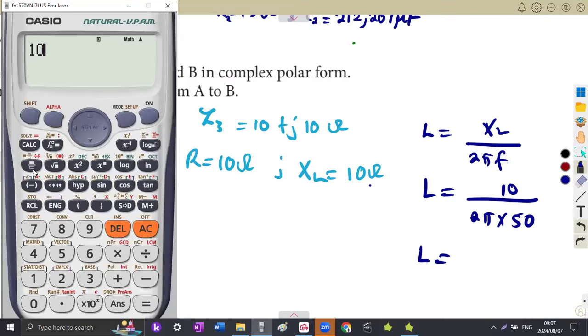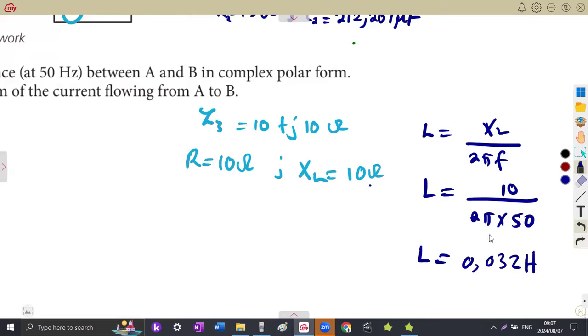That is 10 over 2 pi times 50. So this will be like this, guys. You can even just round off to 3 decimal places, so that we do not have confusion. Like the other one, we just use it like that. So it's going to be 0.032.